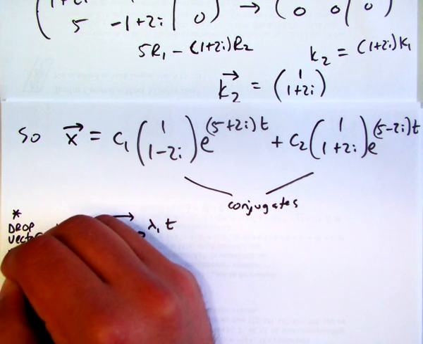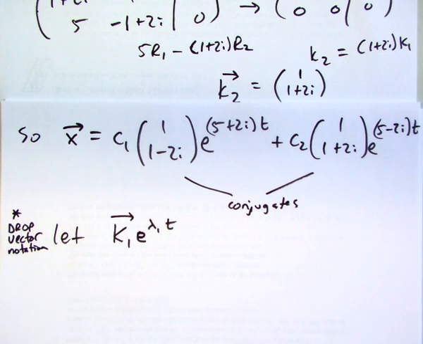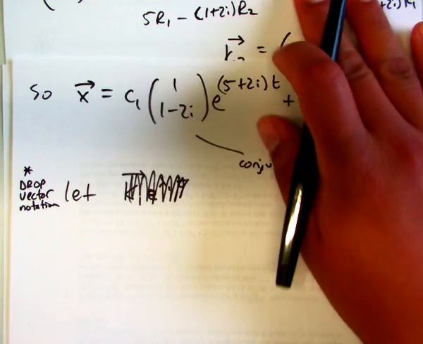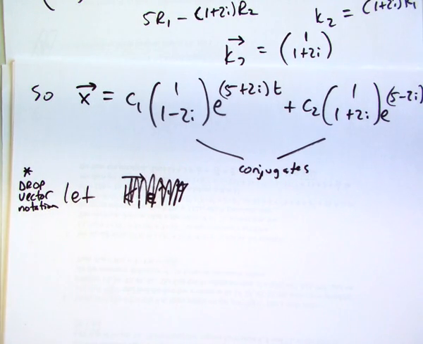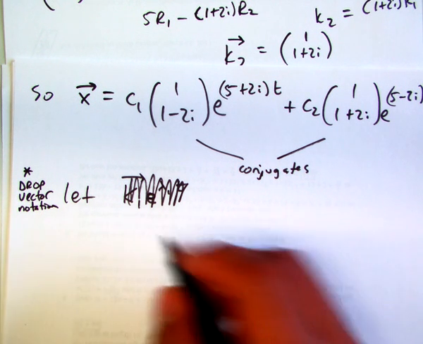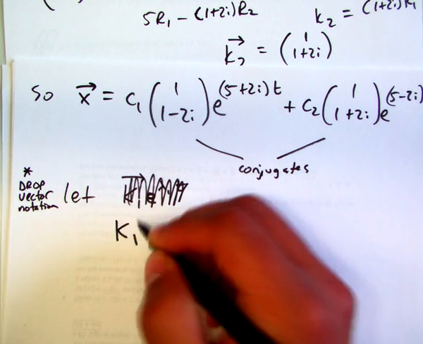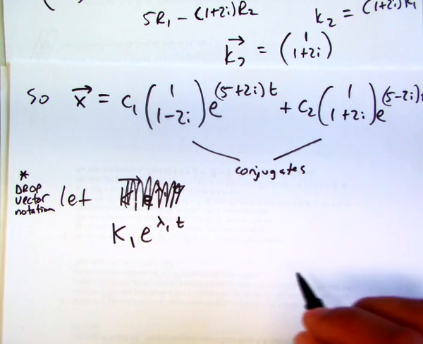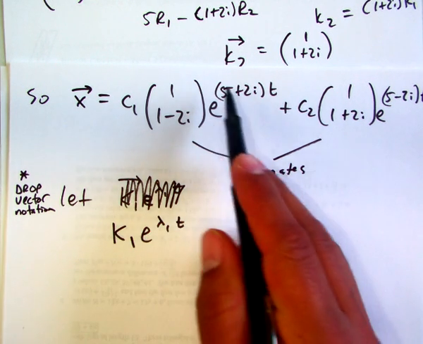You'll see why in a minute. So when you see K1 floating around in here, it's going to represent the eigenvector. Okay, so we'll let K1 e to the lambda 1 t be one of the answers. So that'll be this one right here.